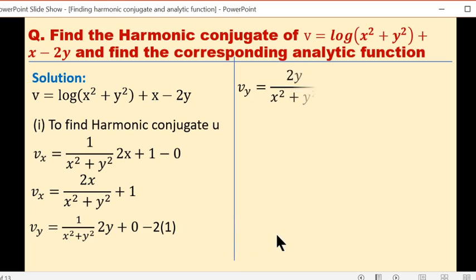We'll write it properly. So this gives us the partial derivative of v with respect to y is 2y upon x square plus y square minus 2. So we got vx, we got vy.